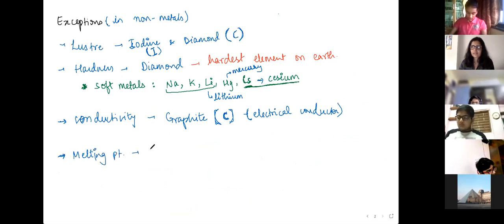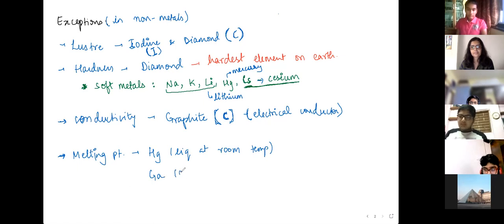So exceptions in melting point are: mercury is liquid at room temperature. And you have gallium. So Ga is gallium.